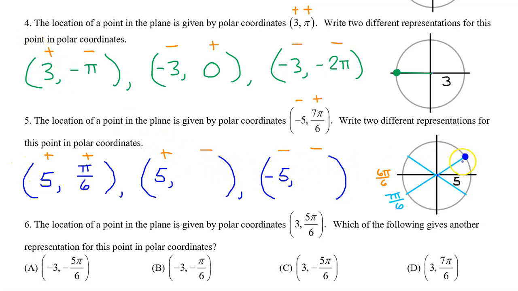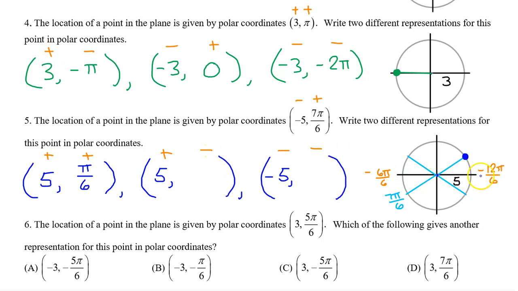Now let's write a representation for this point that has a positive r value and a negative value of theta. Because of the positive r value, we do not need to begin in the opposite quadrant. We will simply rotate directly to this point. However, we will do it in the negative clockwise direction.